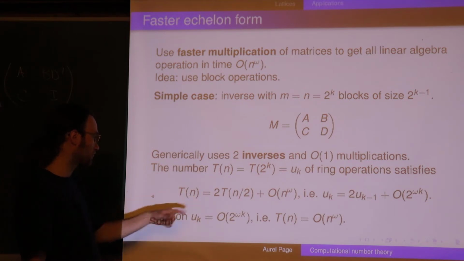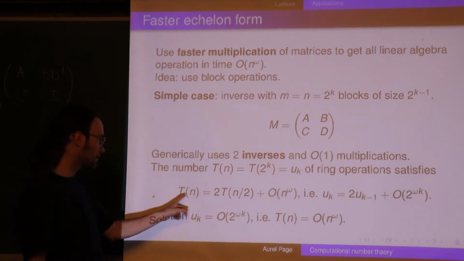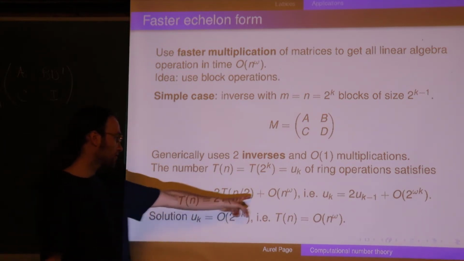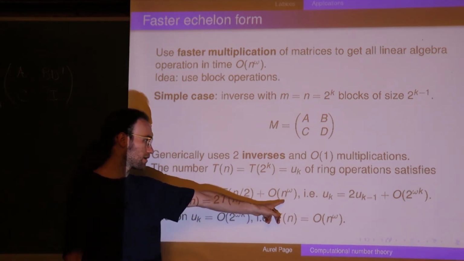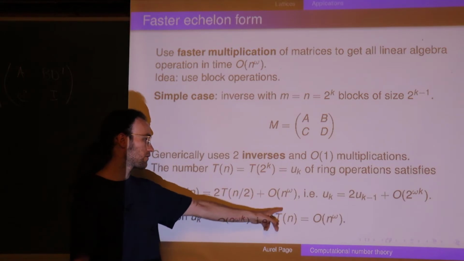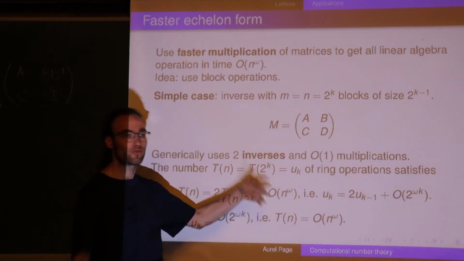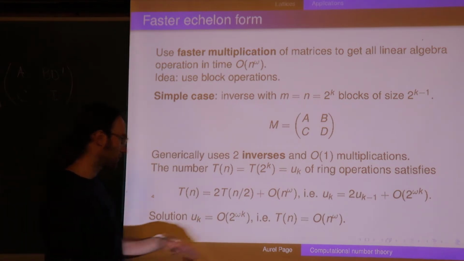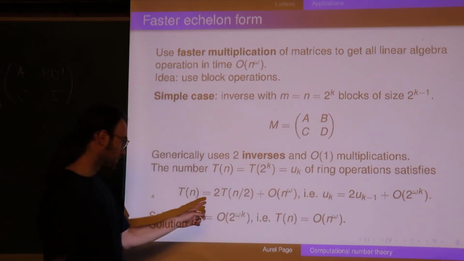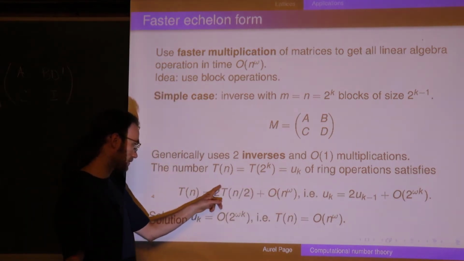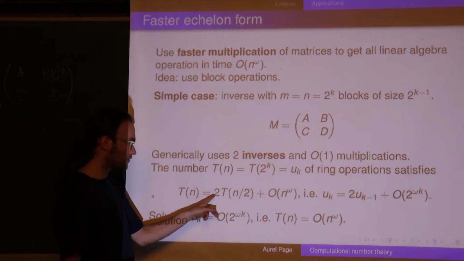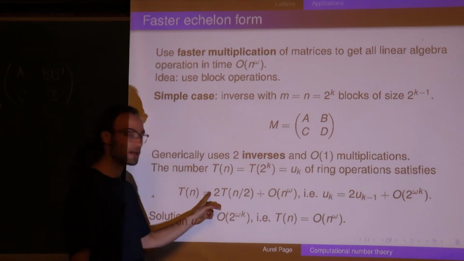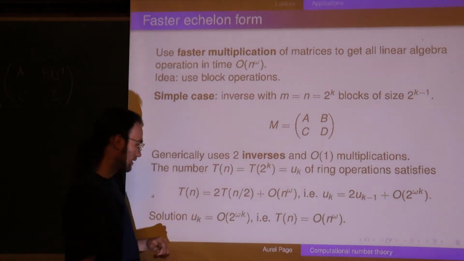So the number of operations to do an inverse is the cost of 2 inverses in half the size, plus a constant number of matrix multiplications, which we are assuming we can do in n to the omega for some omega. And if you solve this recurrence, well, what is important is that 2 is smaller than, well, I guess 2 to the omega is the important value.